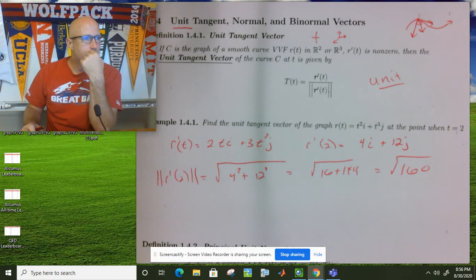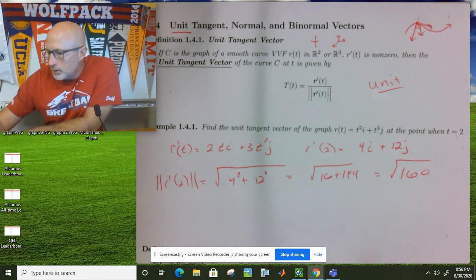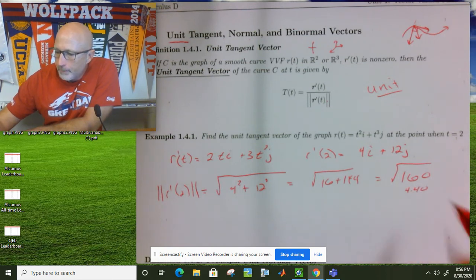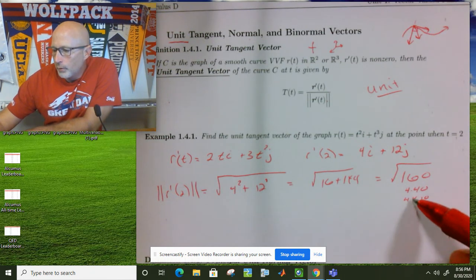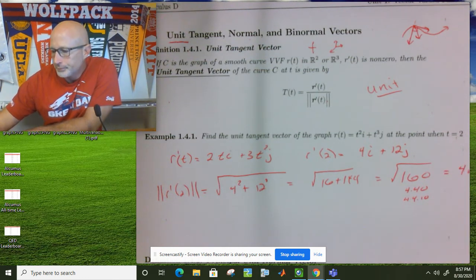Hold on, I just want to make sure that everything's working out okay. So let's go ahead and do this. This is going to be 4 times 40, which is 4 times 4 times 10. Square root of 4 is 2. 2 times 2 is 4. So this is equal to 4 times the square root of 10.